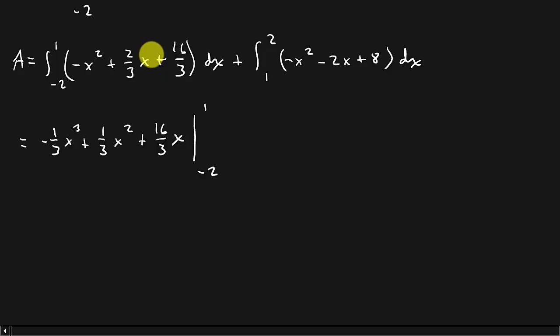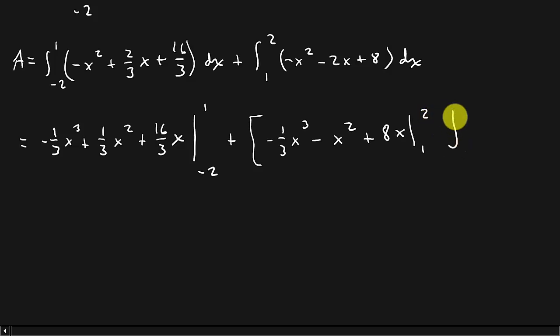Here, that's x to the first, we add 1, that's 2, multiply by the exponent, so remember 2/3 times 1/2, the 2's cancel, we're left with 1/3. And then the integral of 16/3 is just 16/3 x. All right, and then that is plus, and now I'm going to put this in brackets, so that's -1/3 x cubed minus x squared, that's for this term, plus 8x, and we're evaluating that from 1 to 2.